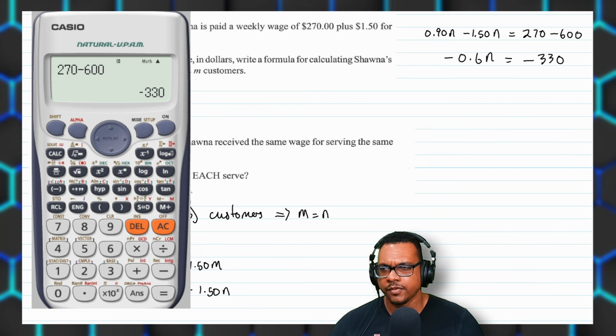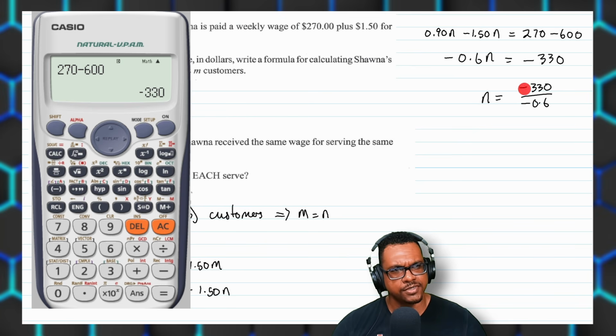So now what we have to do is take this negative 0.6 and transfer it across the equal sign. And the operation between the negative 0.6 and the n is multiplication. So when you transfer it across, the operation will change to division. So what we have is n is equal to negative 330 divided by negative 0.6.